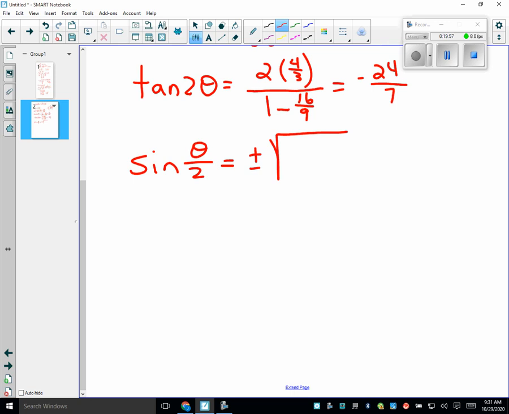Are we using the same information as the cosine of theta equals? Like, are we still using that triangle?